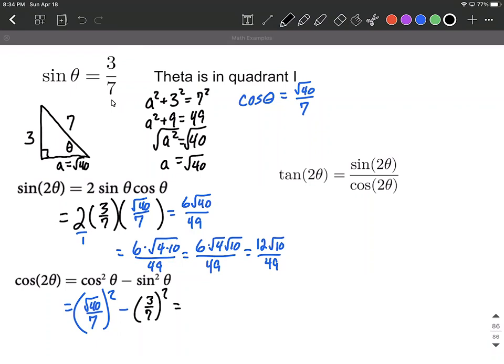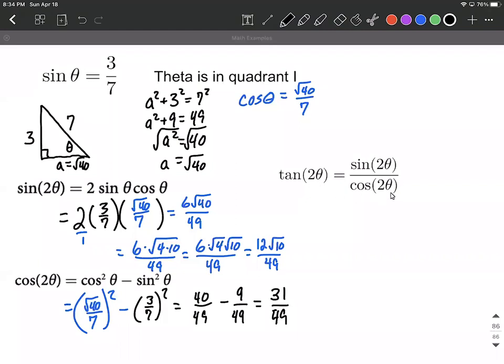Which works out being, when you have the square root of 40 and you square it, you're going to get 40. And 7 times 7 makes 49 for our denominator, minus 3 times 3 over 7 times 7, works out to be 31/49.